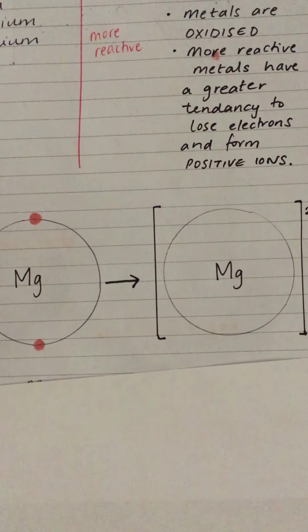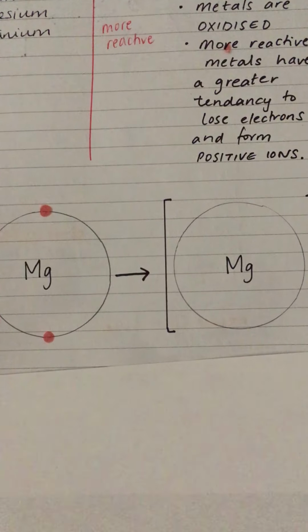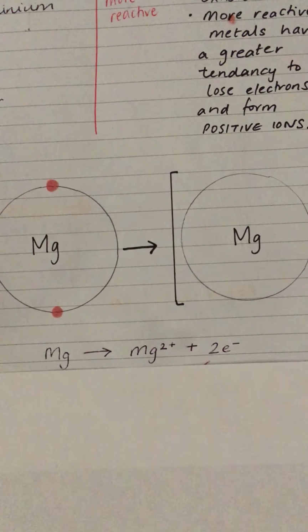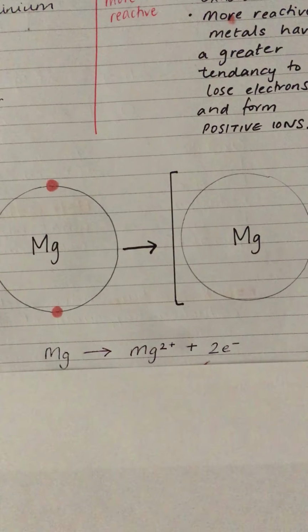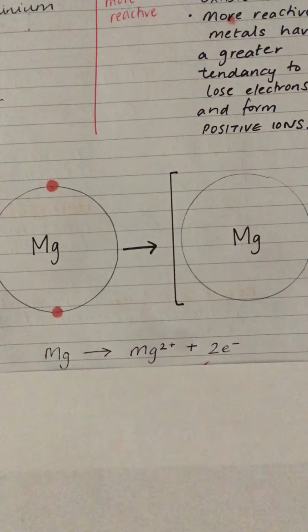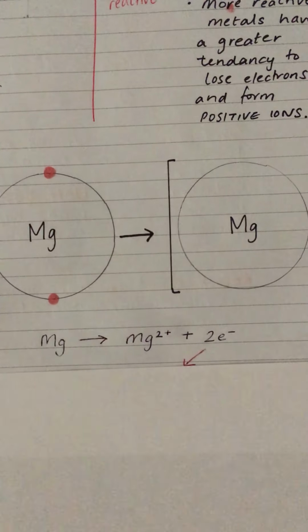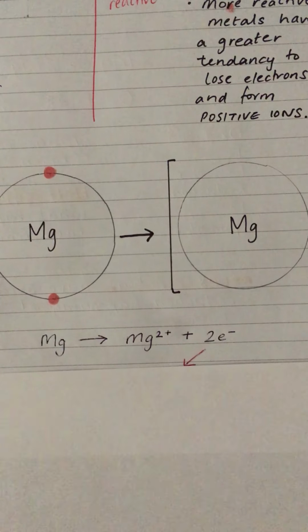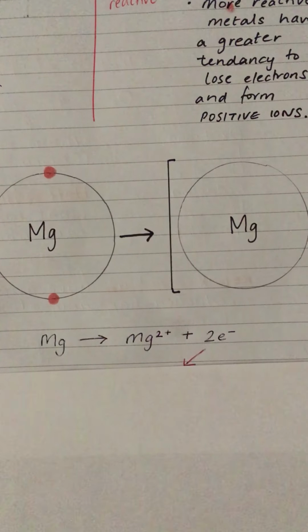Now, if we wanted to illustrate that as an equation, we'd use something called a half equation. A half equation essentially tells us what's happening to an atom when it's reacting. It tells us whether it's gaining or losing electrons. We know from this simple example that when magnesium reacts, it loses 2 electrons from its outer shell, and as a result, it's gone from having no charge as an atom to having a 2+ charge.